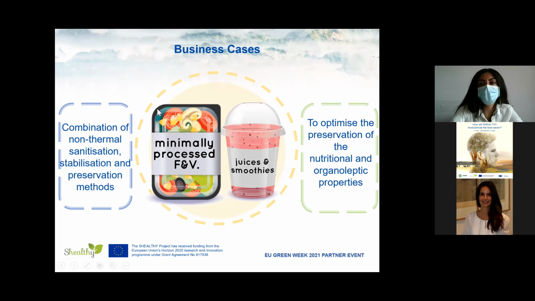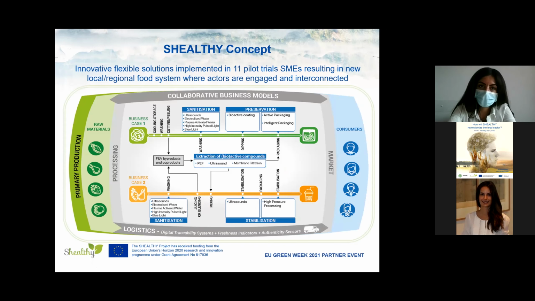So we are going to implement a combination of non-thermal sanitization, stabilization, and preservation methods with the general objective to optimize the preservation of nutritional and organoleptic properties. So we want to preserve the naturally occurring properties of fruit and vegetables. Here you have the SHEALTHY concept.